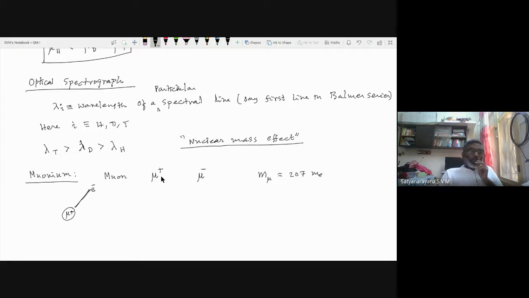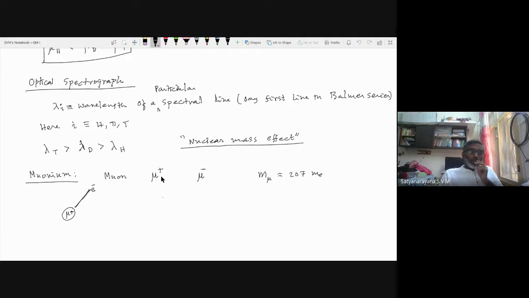Now, what is the advantage of this? The advantage is that the mass of the proton is 2000 times that of the electron, whereas this is only 200 times. That means you will have some 10 times more effect you can actually observe in this.